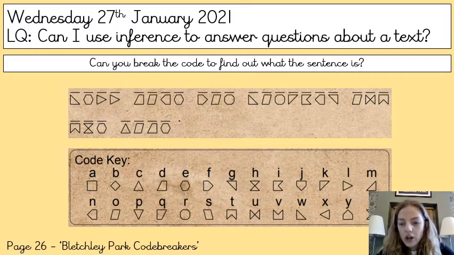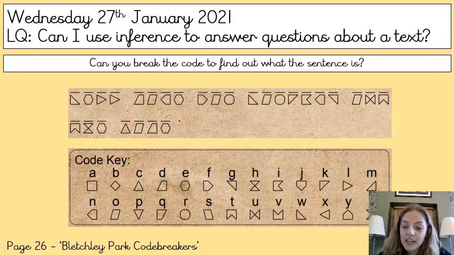So your starter for today is to have a go at breaking this code to find out what the sentence is. You've got a code key with different letters from the alphabet, and then you've got a short sentence that you need to break the code on, okay? So before we start today's lesson, I want you to have a go at breaking the code. Now, there is a theme.